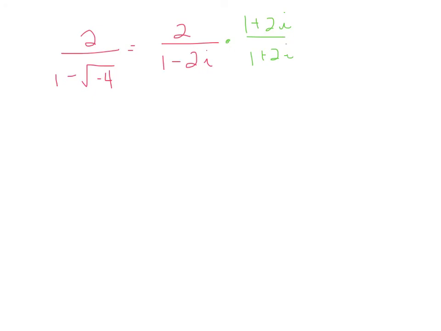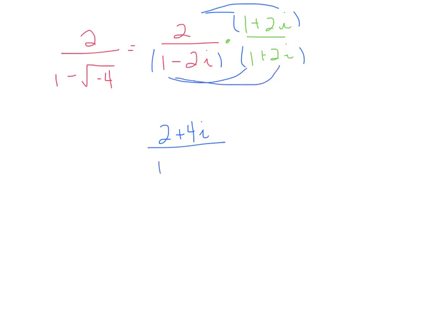And so we're going to do a bunch of distributing here. On top, the 2 gets distributed, because remember, a fraction bar is a grouping symbol, so I have all these groups. So we're going to get 2 plus 4i, and on the bottom, I'm going to FOIL, and I'm going to get 1. And then if we look ahead here, we get a positive 2i and a negative 2i, and they're going to cancel, because I'm multiplying by a conjugate.